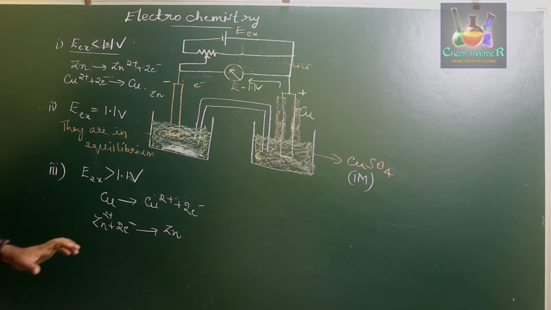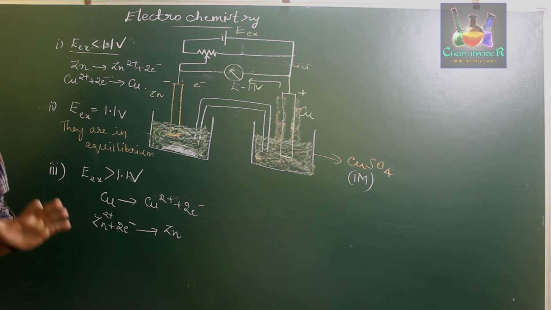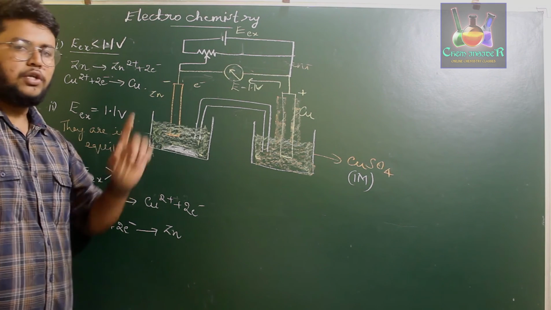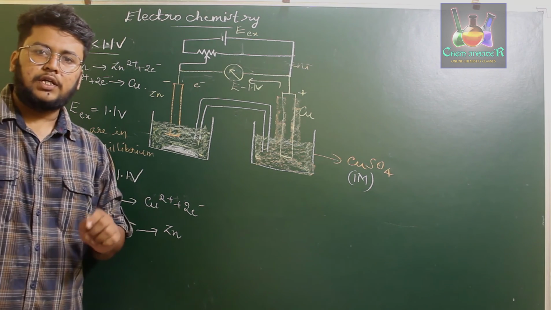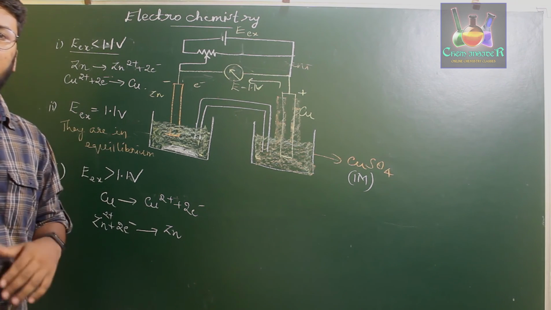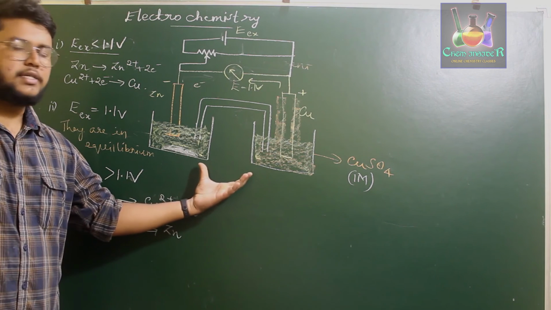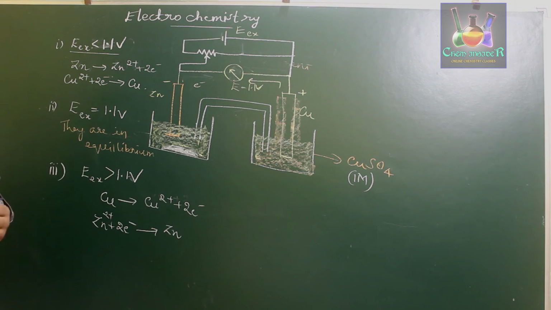Now we have constructed an electrolytic cell, only if you apply an external potential greater than the potential of the cell. If you apply an external electrode potential greater than the potential generated by the cell, then the cell acts as an electrolytic cell. So what do we mean by an electrolytic cell?